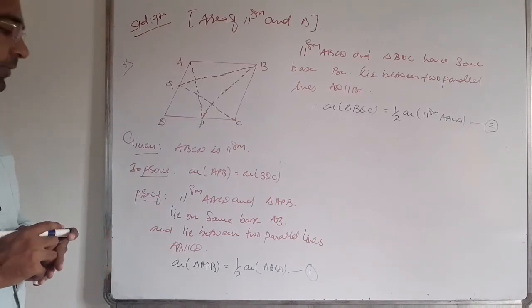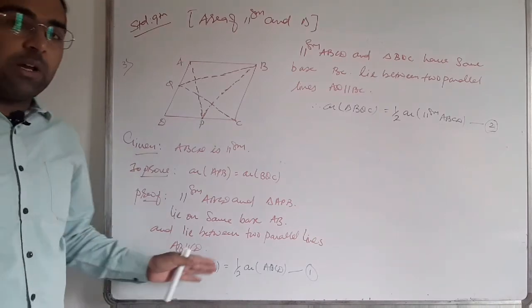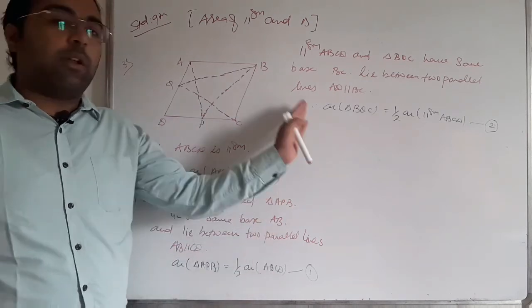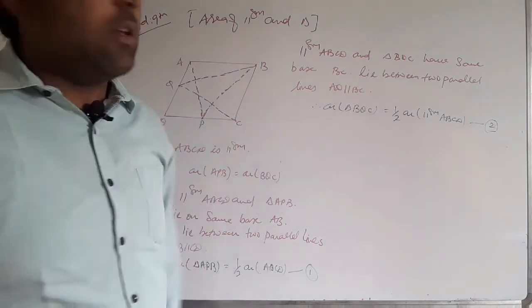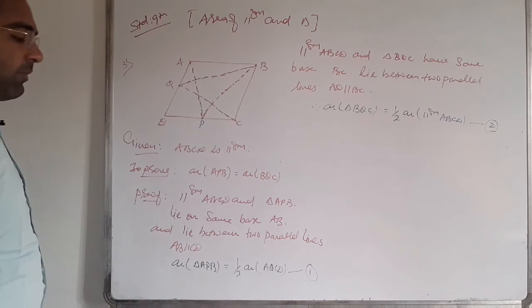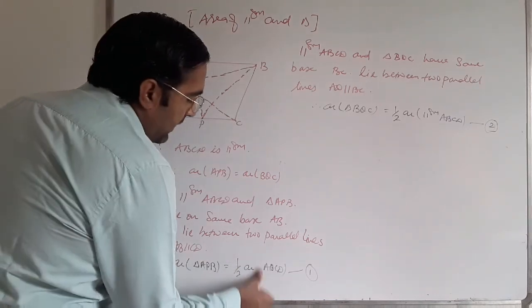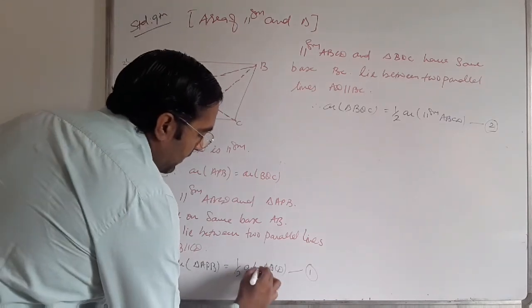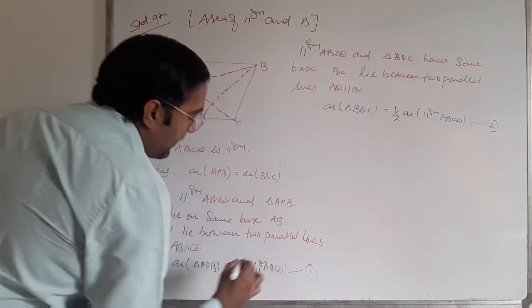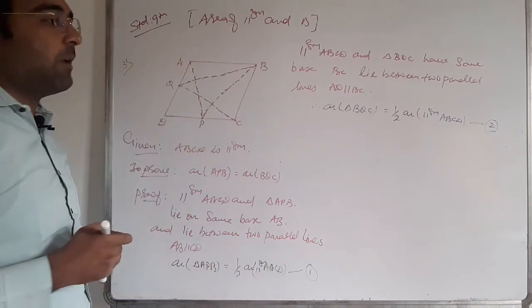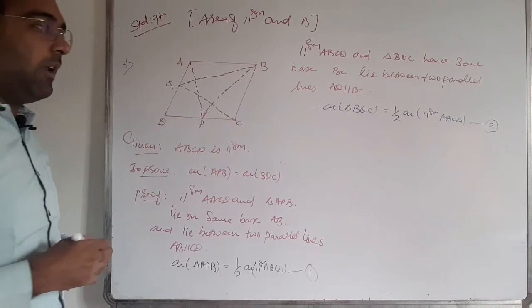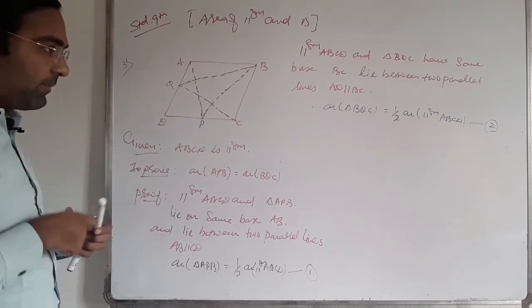From equation 1 and 2, triangle APB is half of ABCD and triangle BQC is also half of ABCD. So both of the triangles have the same area.